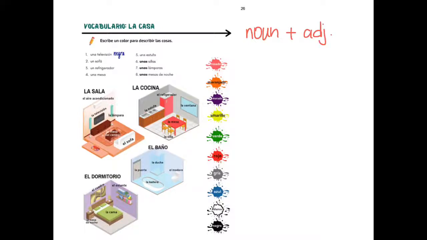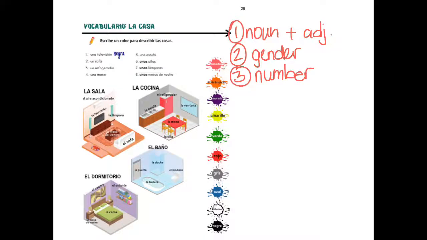And then two more things are going to be that the adjective has to also match in gender. And the third thing is that it has to match in number. This is really quite difficult for us to get the hang of because we're not used to doing so much work when we add an adjective.